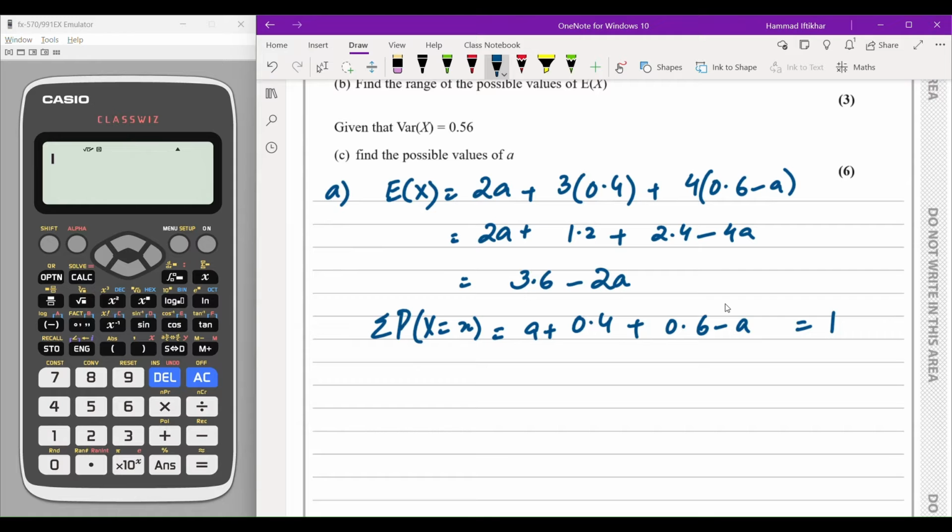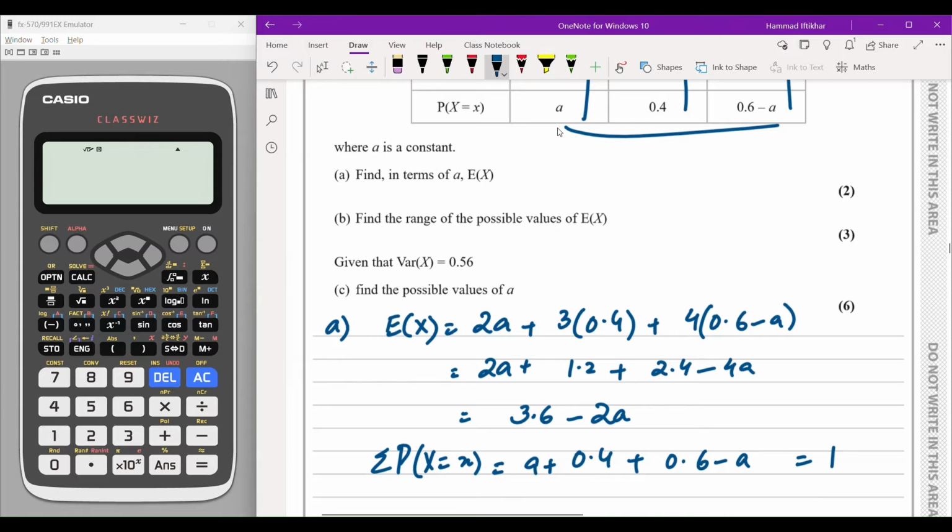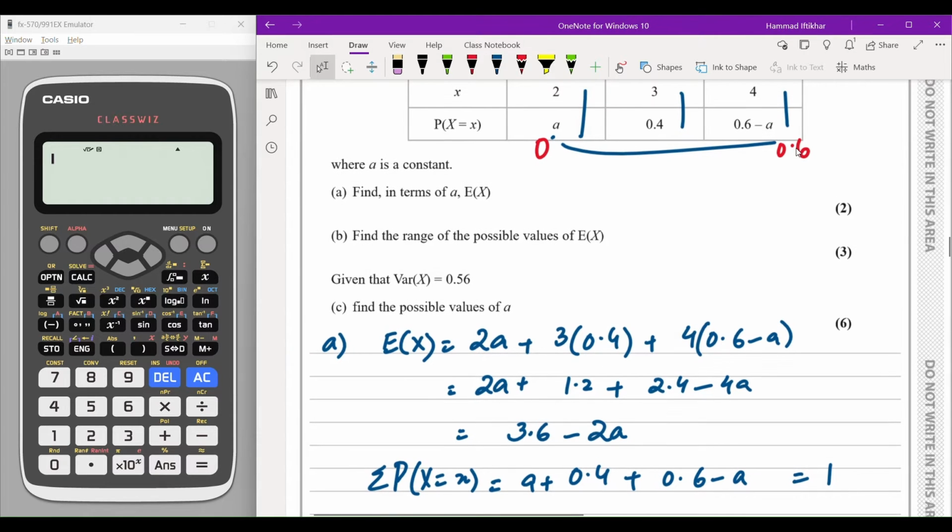However, if a is 0, can a be 0? If this is 0, for example, then this becomes 0.6. Okay, so the minimum value, obviously we can go to that.